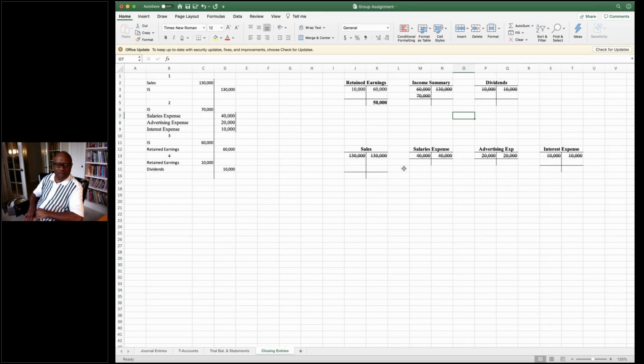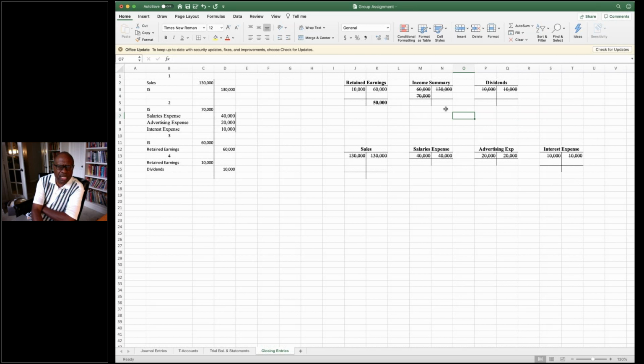So IS stands for income summary. On the left hand side, I believe 1 through 4, those are the closing entries that we're doing. And then we have this chart on the right hand side and close them out. So you got to close out the T accounts, the temporary ones.